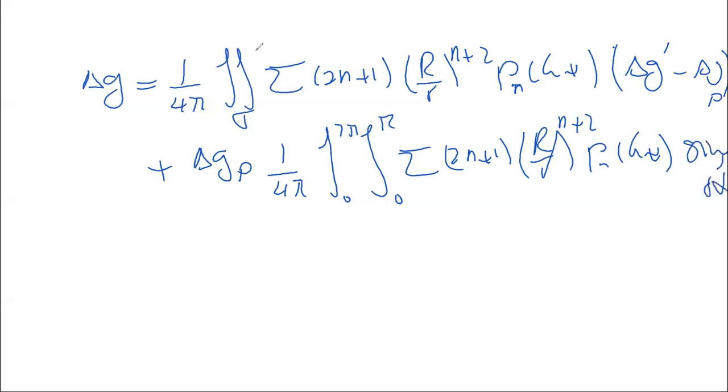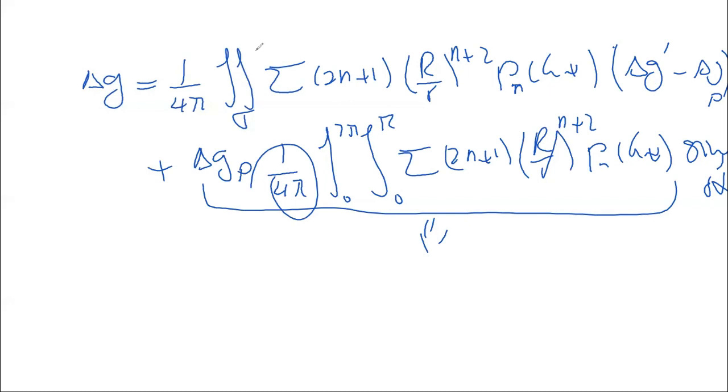So d alpha, this term will be simplified similar to 4 pi, it will vanish with this one, and 2 pi, and delta Gp will be r over 2.